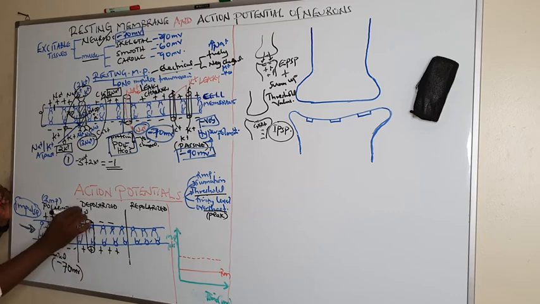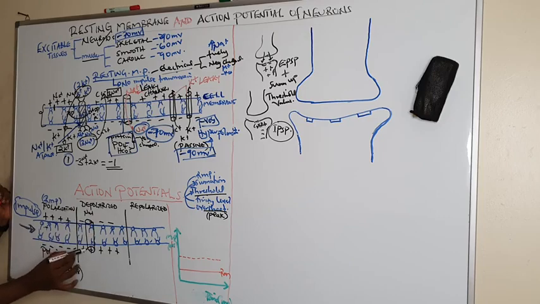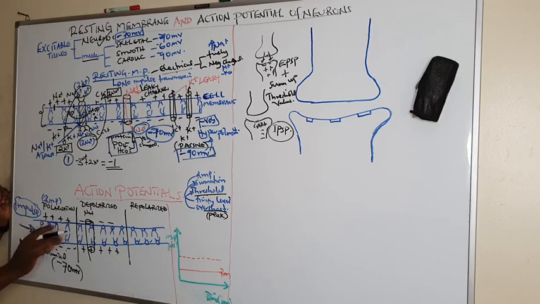These channels have an inactivation gate, which is open at the resting state, and an activation gate, which is closed. When an impulse arrives, it causes the opening of the activation gate, which allows influx of sodium ions.